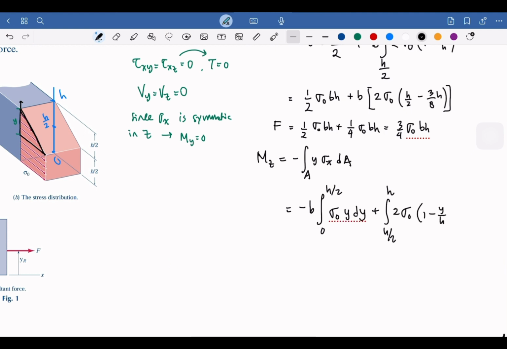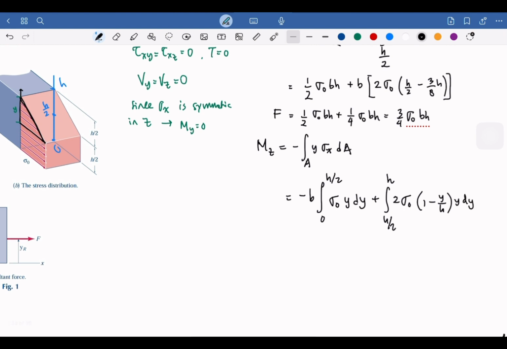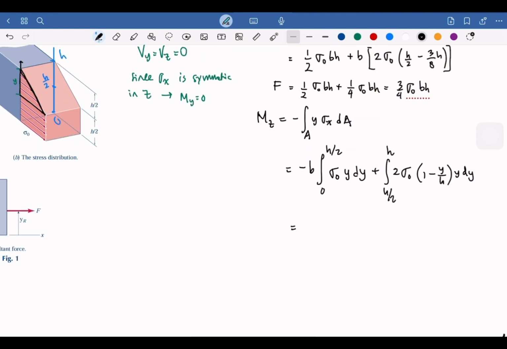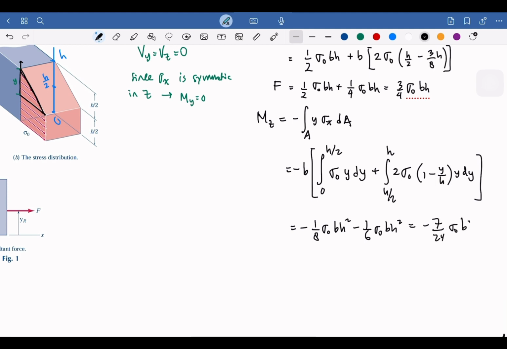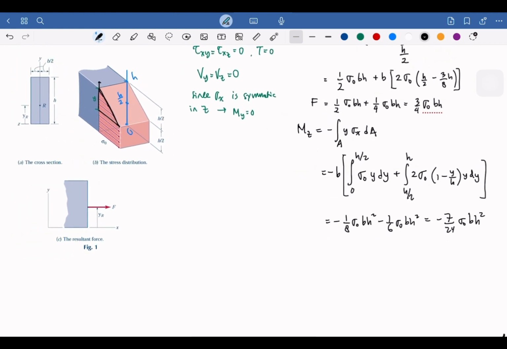This is from the centroid. And then y dy. And this should be multiplied with everything here. Forgot to make the bracket. So the b should be multiplied with everything. And when we calculate this, we get negative 7 over 24.